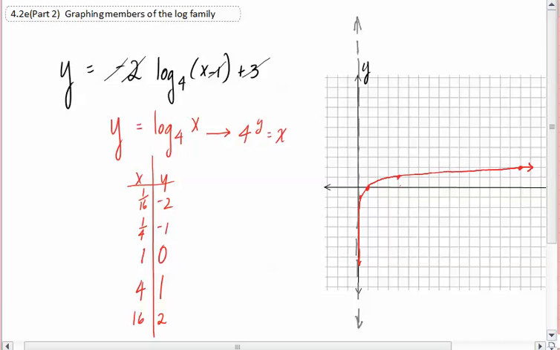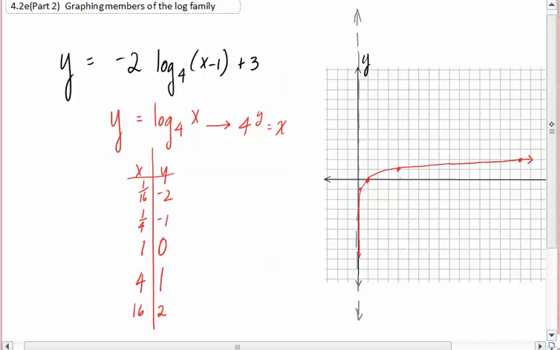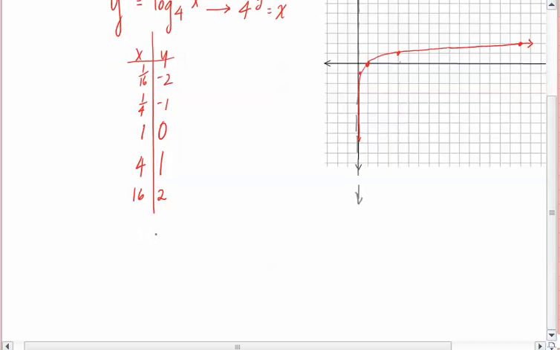Okay, so we're going to go back through here and take these adjustments one at a time. There's a particular order that we need to go through to make the adjustments so that we will have the correct graph. The order in which we adjust the parent graph is this.